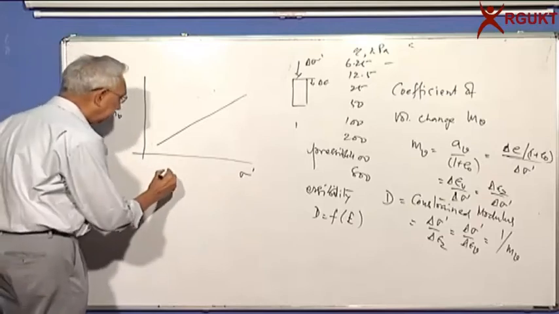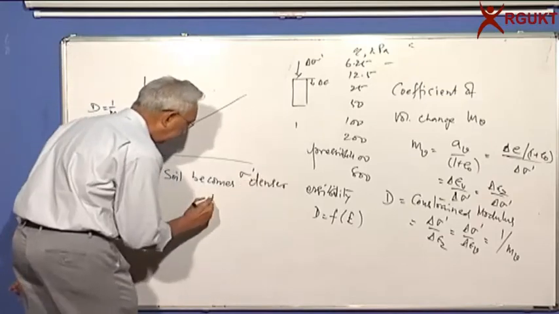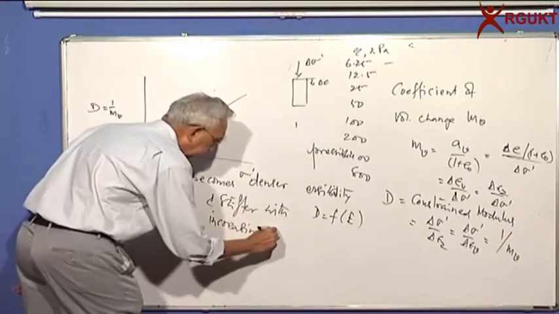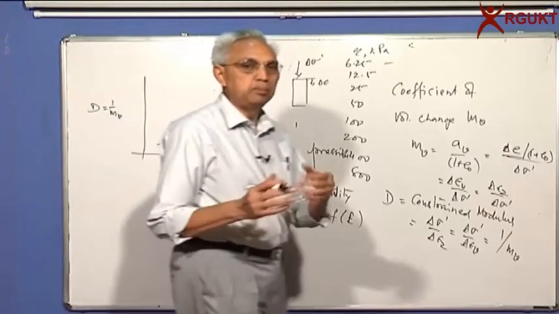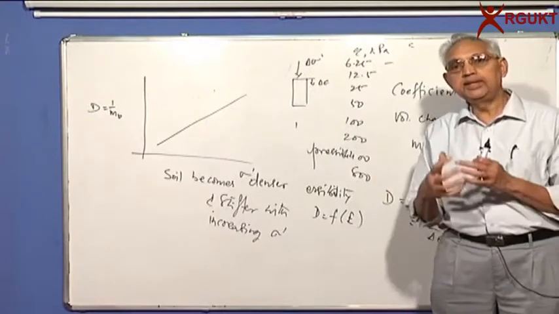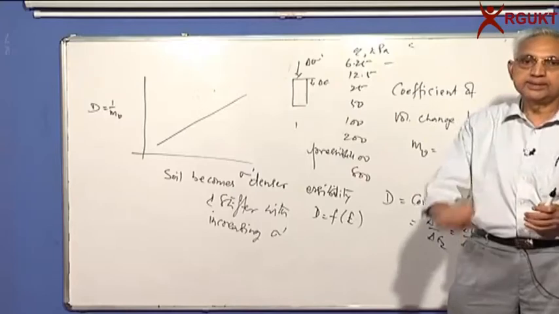So you can say soil becomes denser and stiffer with increasing stress, which means suppose I am constructing a tall building, I construct the first floor, which will give an increase of load of 10 kPa. It will undergo certain settlement.